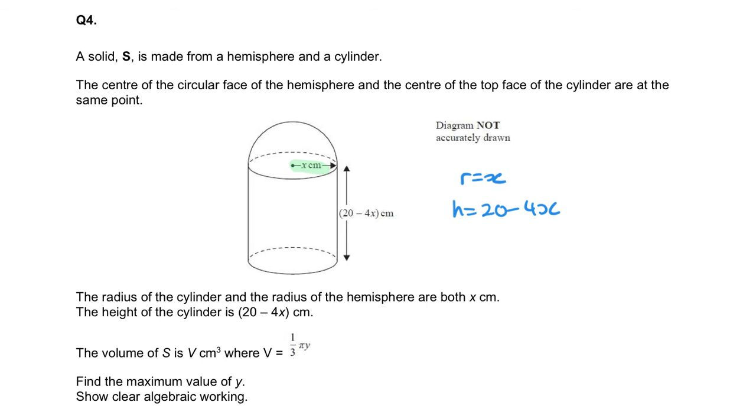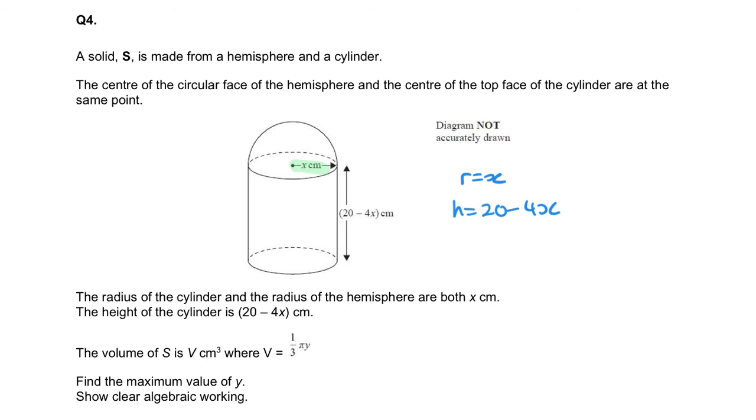The volume of S is V centimetres cubed, where V equals 1 over 3 pi y. Find the maximum value of y. First things first, they've given us the volume. However, we also have a formula for the volume.